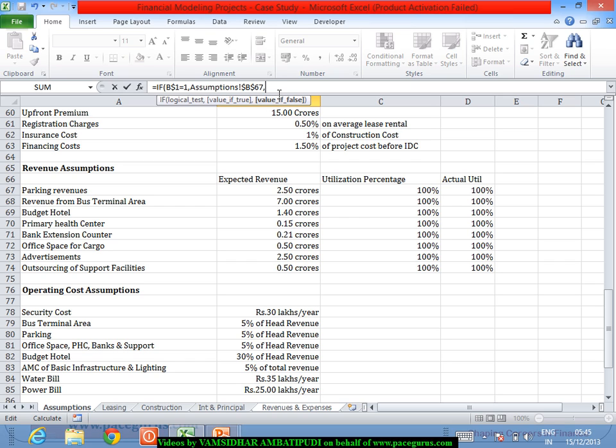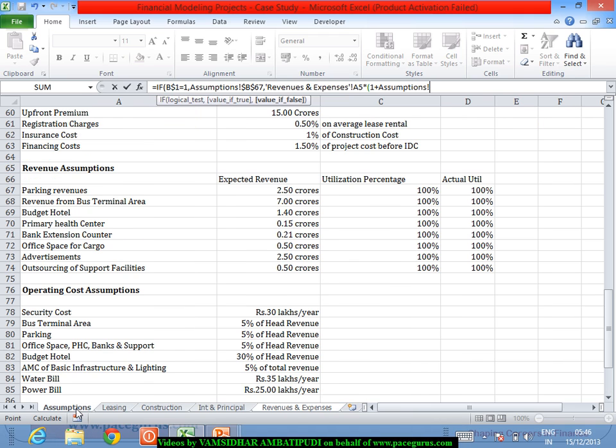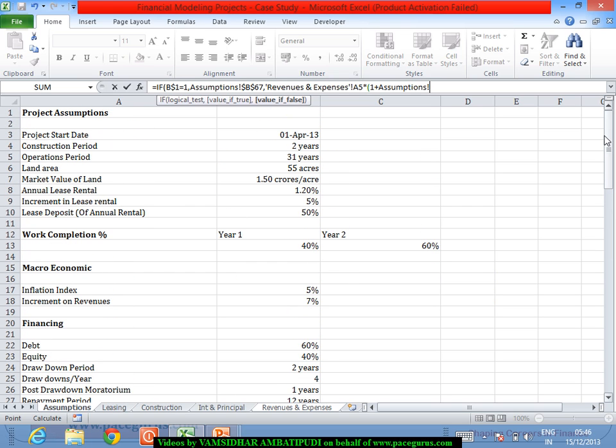Otherwise, multiply the previous cell's revenue, whatever is there, with 1 plus whatever is the revenue growth rate. Means you increment it by your assumptions of the increment on revenue.